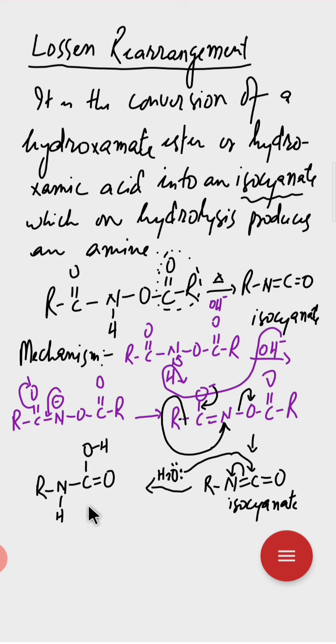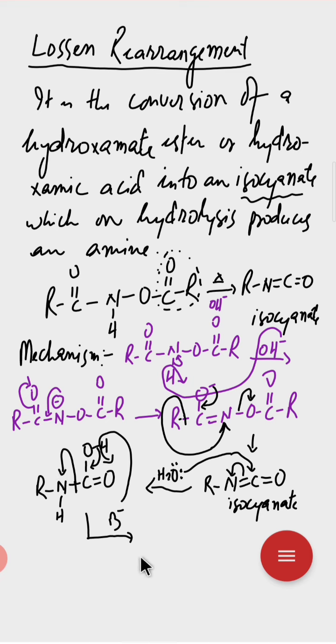This is the intermediate. Now if this intermediate is again reacted with that base, let me write B minus, and this B minus will abstract this hydrogen like this, and there will be a formation of a pi bond between carbon and oxygen, and this bond will be broken, and the 2 electrons will go to the nitrogen atom. This bond will be broken.